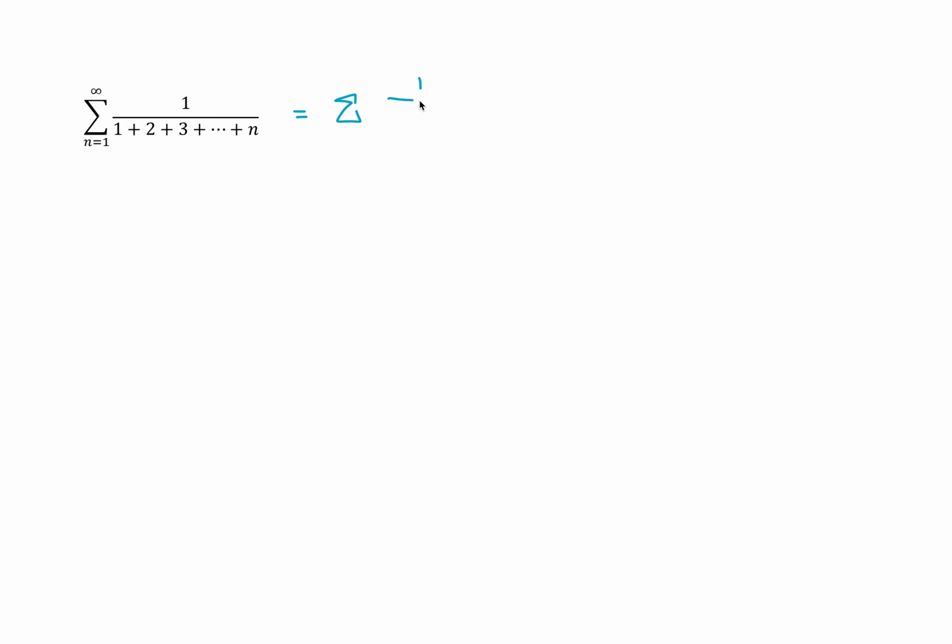So this is the same thing as saying 1 over [n times (n plus 1) over 2], which is the same thing as 2 over n times (n plus 1). Or if you want to multiply it out, 2 over (n squared plus n).